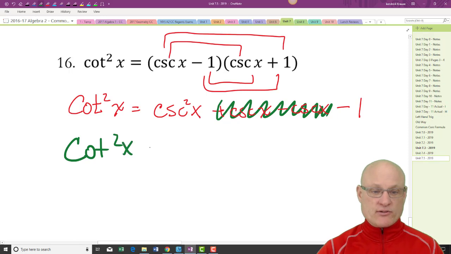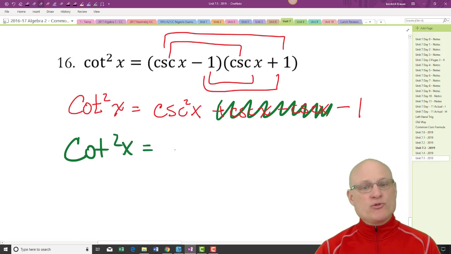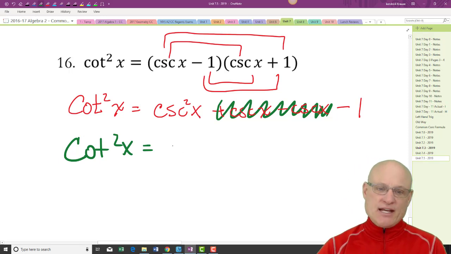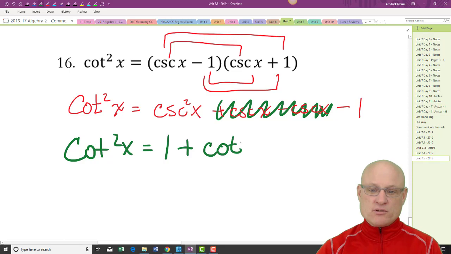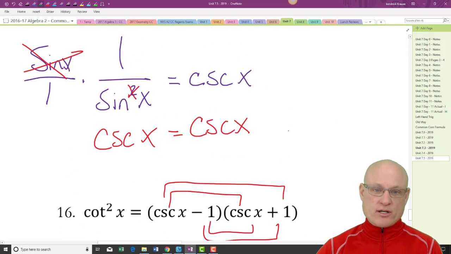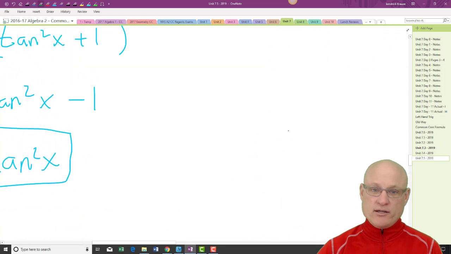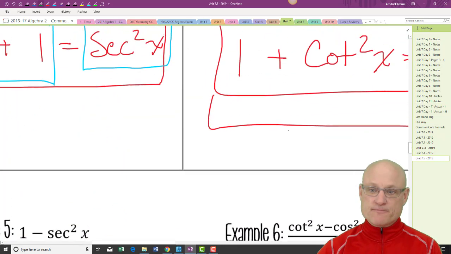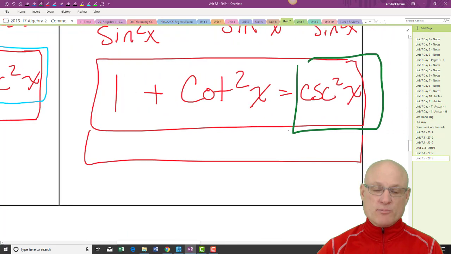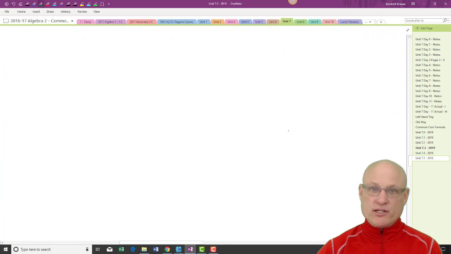Cotangent squared x equals. Now, what can I replace cosecant squared x with? Can't I replace that with 1 plus cotangent squared x? Isn't that one of the ones that I learned on this page? Right there: 1 plus cotangent squared is equal to cosecant squared.